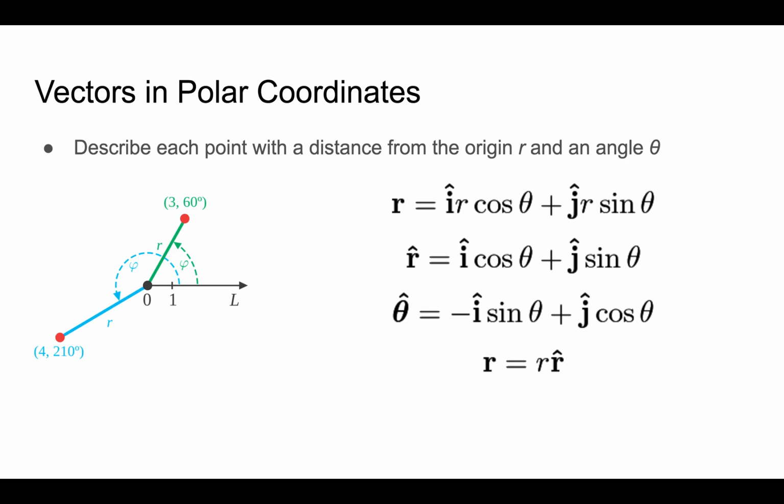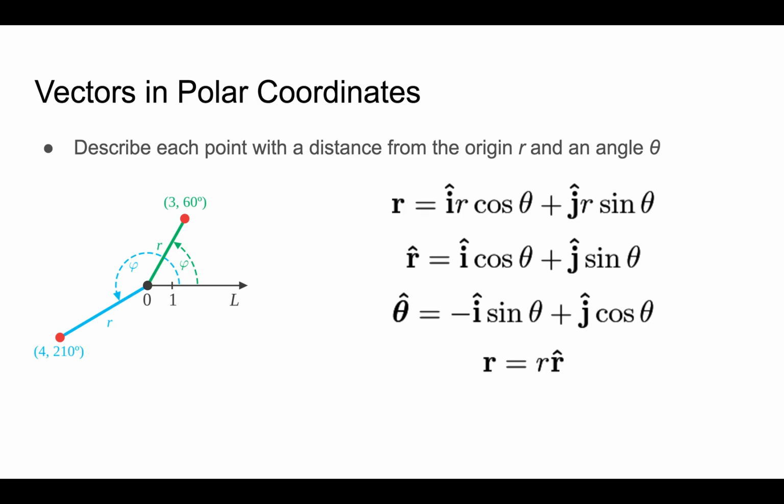And we can define another unit vector, theta hat, which we don't necessarily have to use when describing position, but which is helpful to have when describing changes in position. So theta hat is orthogonal, which means perpendicular, to r hat, and we define it as negative i hat sine theta plus j hat cosine theta. What this means is, let's say I were to rotate the vector r counterclockwise.